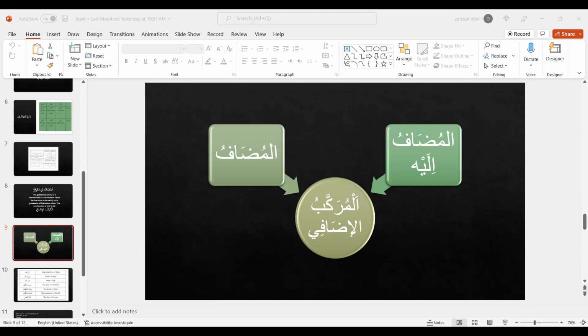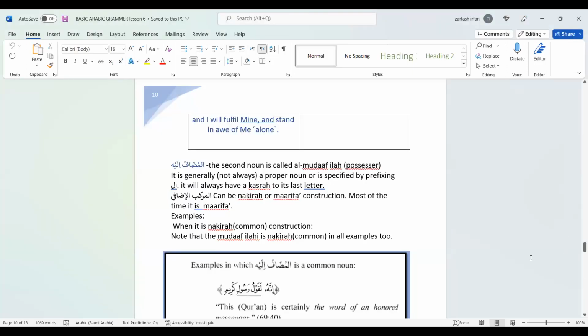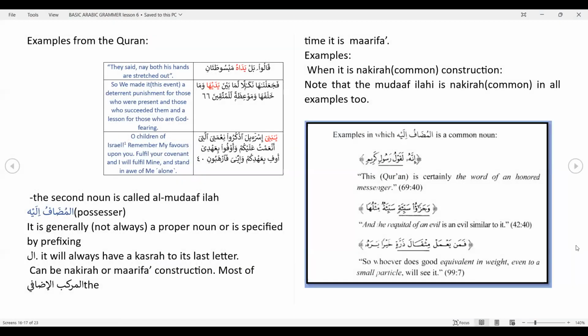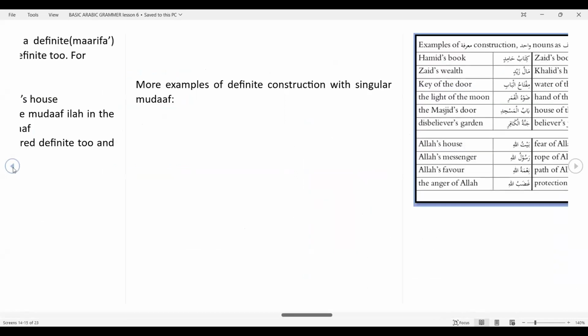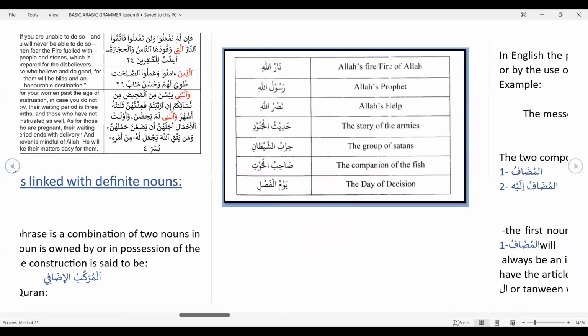Okay, let me share a new screen with you. Get the notes. Okay, see here.